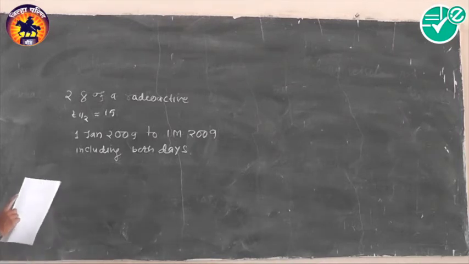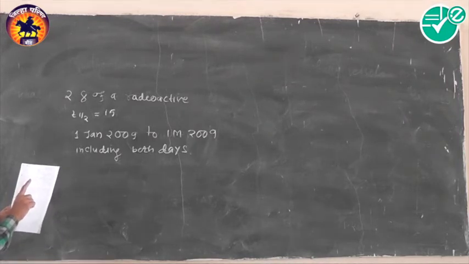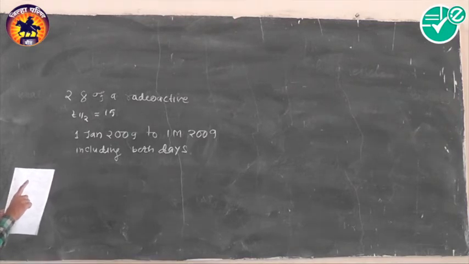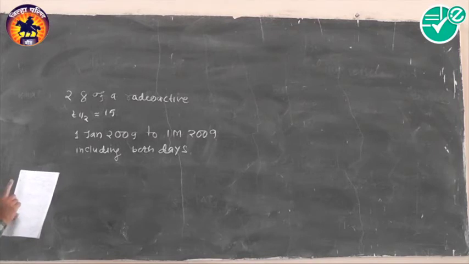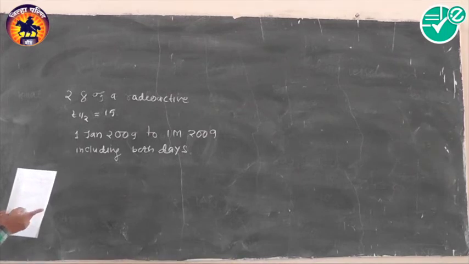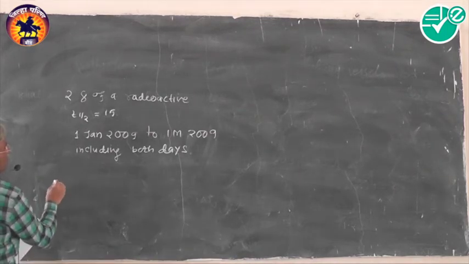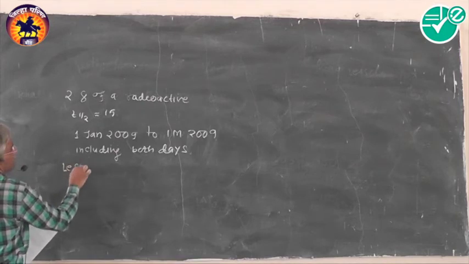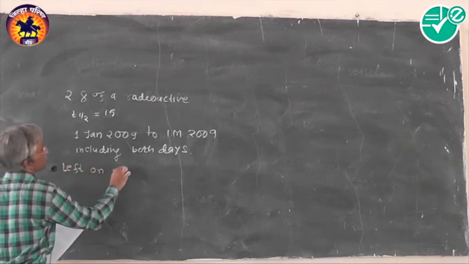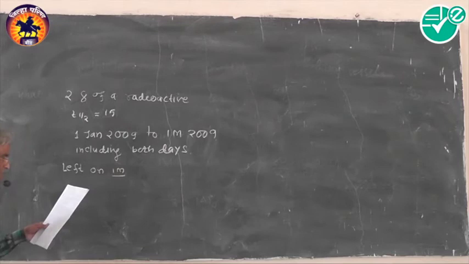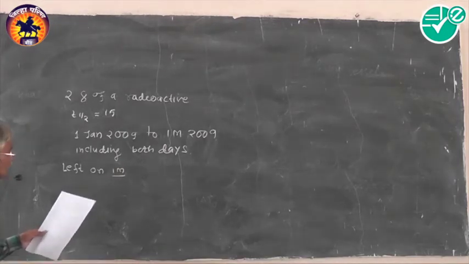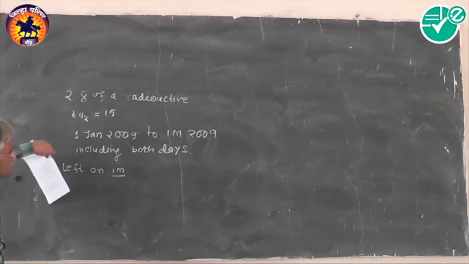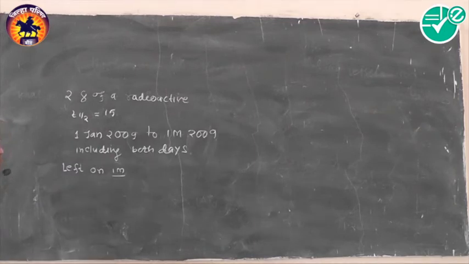So I will read it again: 2 gram of a radioactive sample having a half-life period of 15 days was synthesized on 1st January 2009. The amount of sample that will be left on 1st March 2009, including these 2 days, is to be calculated.